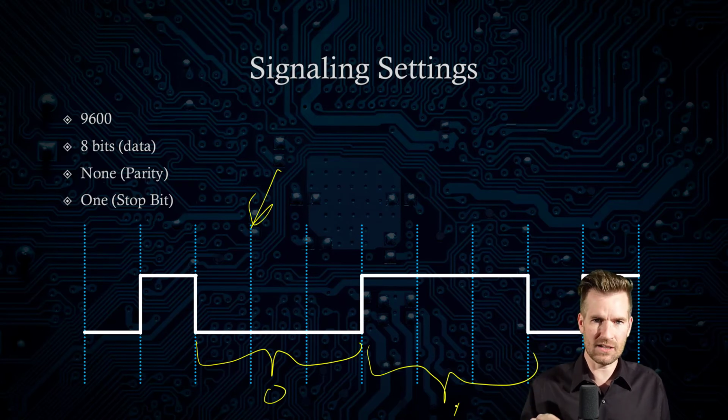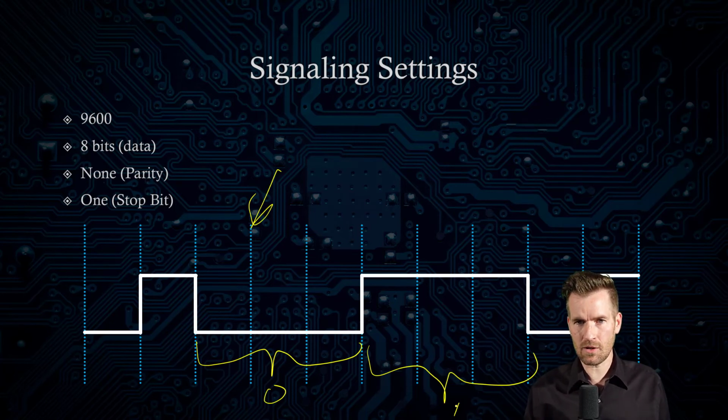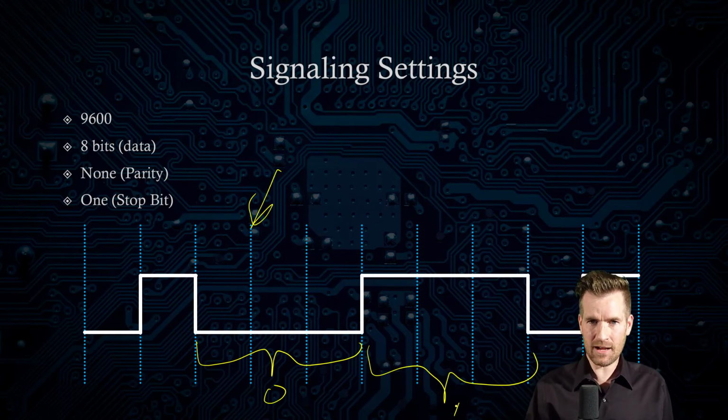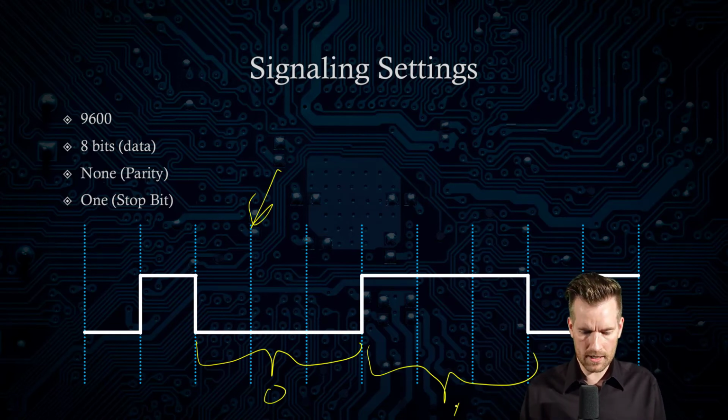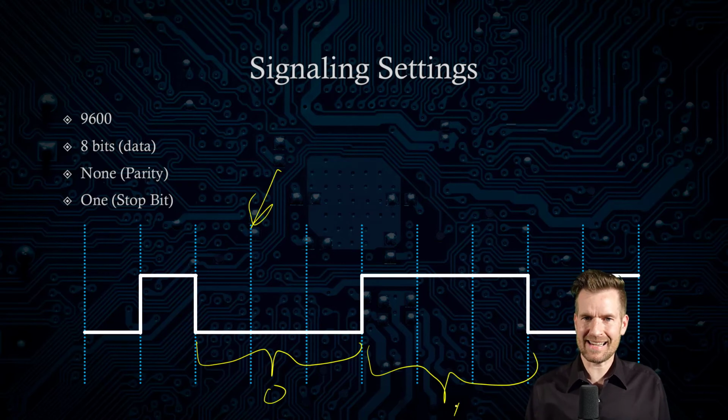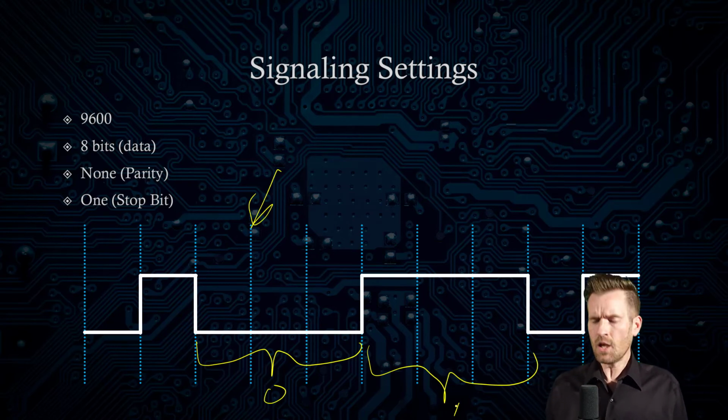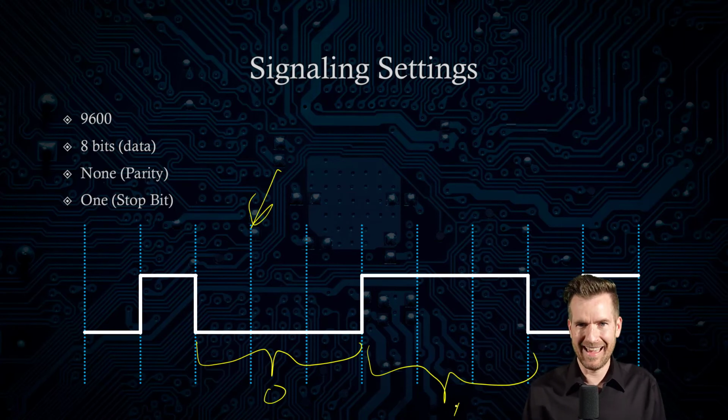It's received a 0 and a 1. Not 6 bits, but 2 bits. Rather than receiving a 0, 0, 0, 1, 1, 1, some equipment, if it's speaking a different language or a slower language, is going to see this as a 0 and a 1. So there's a problem with that, obviously.